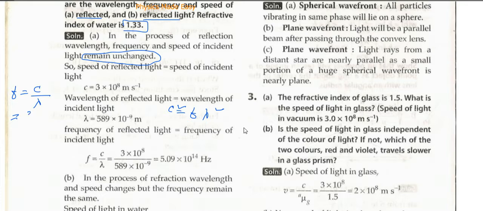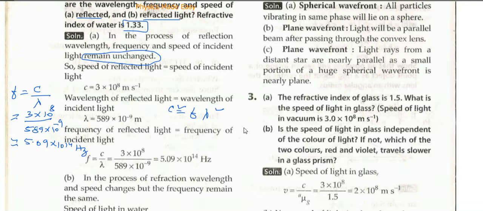Now c is 3 into 10 raised to power 8 divided by lambda, which is 589 into 10 raised to power minus 9. From here we shall make the calculations and it will come out to be 5.09 into 10 raised to power 14 hertz.